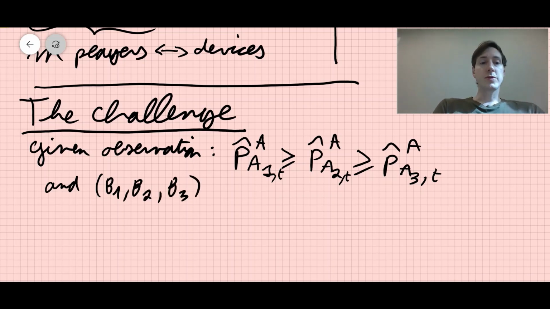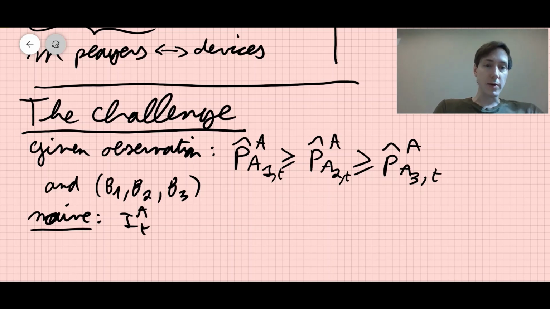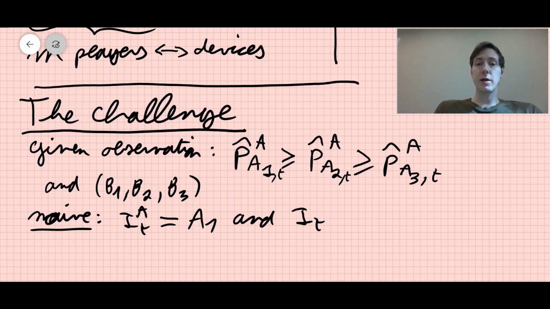So the naive thing to do would be that Alice plays action A1t and Bob plays action B2t.